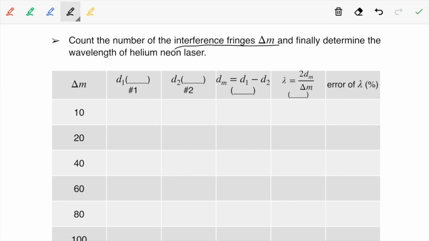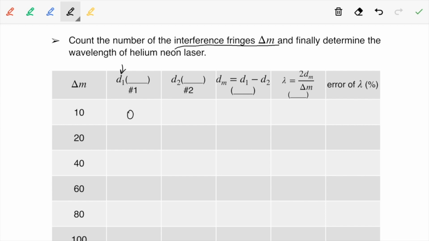First, you read the D from the micrometer. Before you count the delta M, you read D1 on the micrometer. When we started, it's 0.